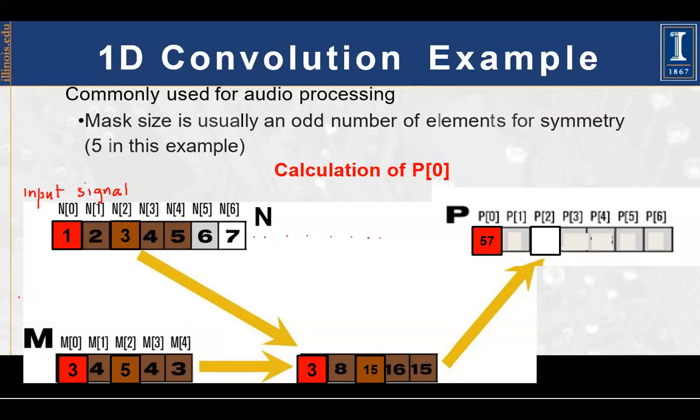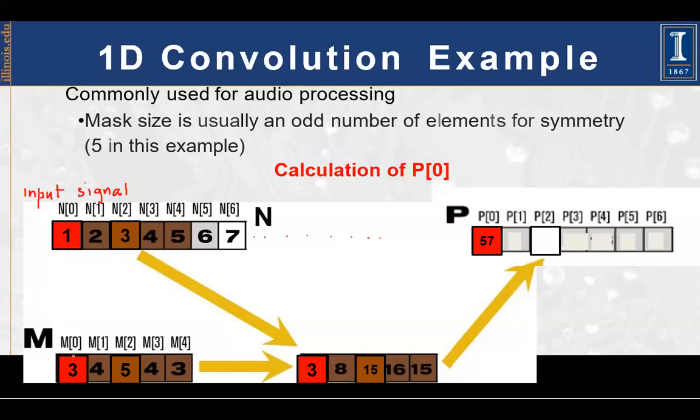So first I will place my mask on the first element. This is the pivot point or hinge point, where I am now calculating. I pick this mask and put its start point over the starting point of this signal.